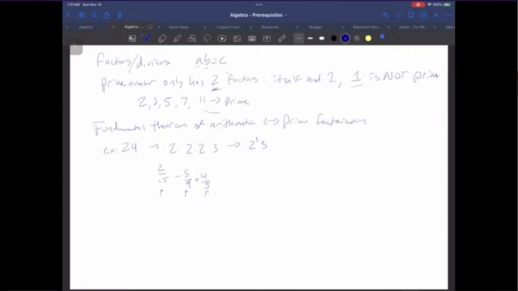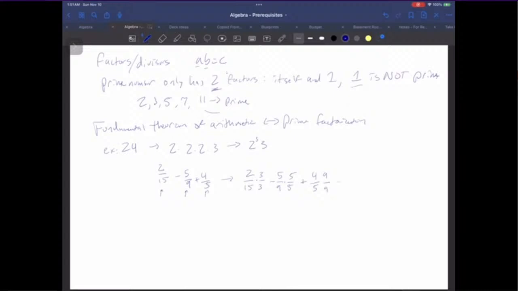So we can do it this way. If I know that 45 is what I'm looking for, then 2 times 15, what's going to get me to 45? 3. So I say times 3 divided by 3, minus 5 divided by 9, what's going to get me to 45? 5. So I put the 5s there. And then on 4 divided by 5, what's going to get me to 45? 9.